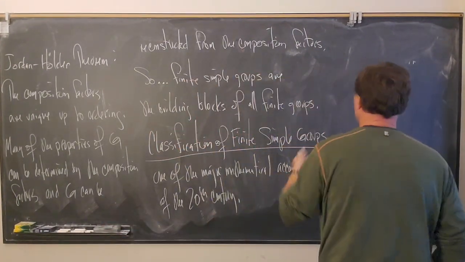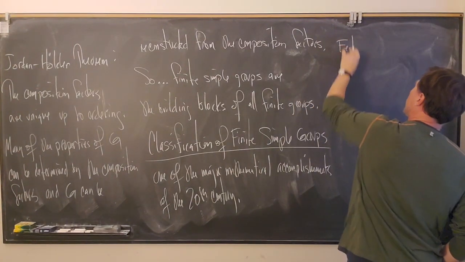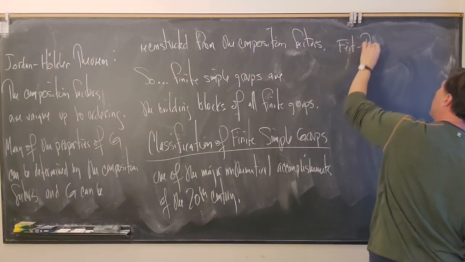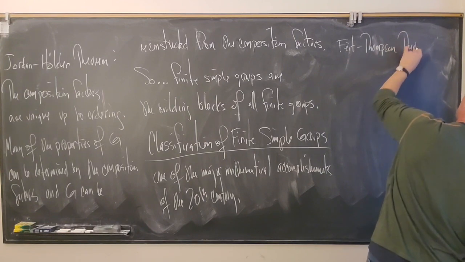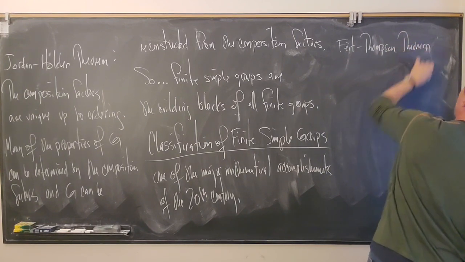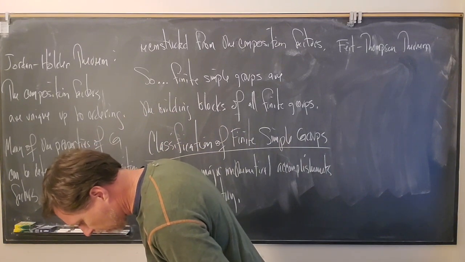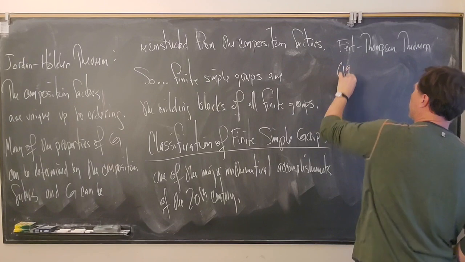Now, one of the big pieces is called the Feit-Thompson theorem. When does this come out? 1960, I don't have the exact date. Somewhere in the 1960s is when they were doing this.